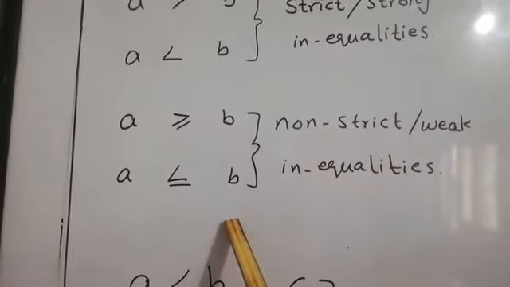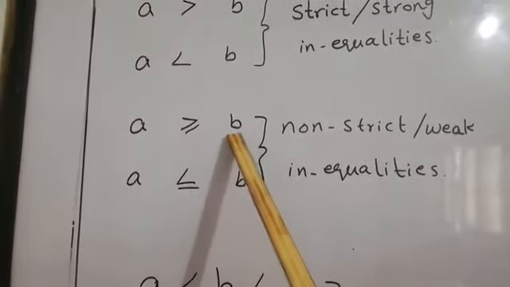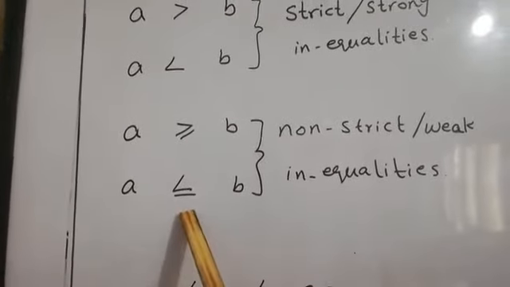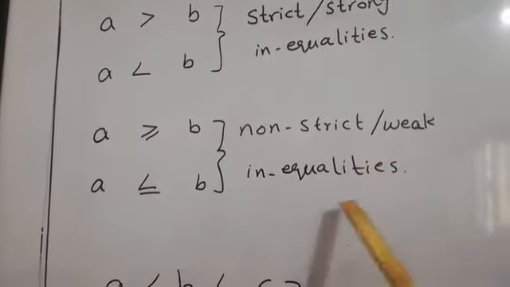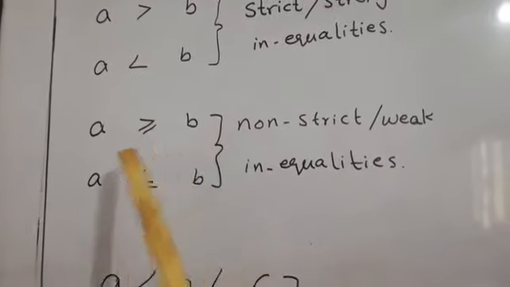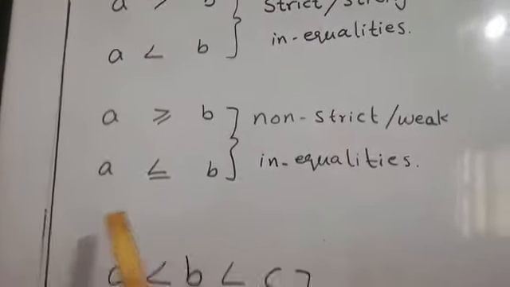But in case A is greater than or equal to B or A is less than or equal to B, then this is known as a non-strict or weak inequality, because the equality sign is involved.